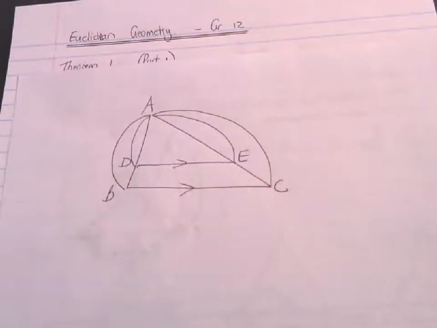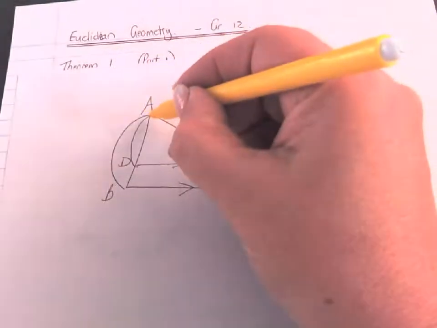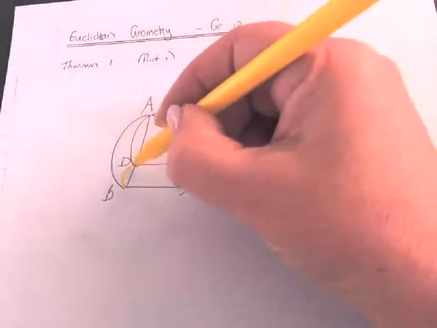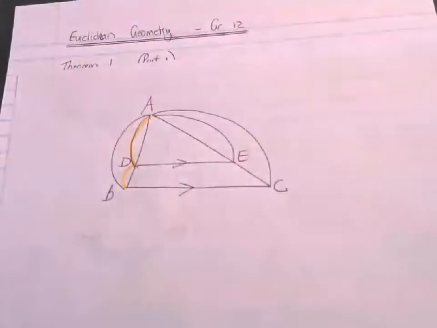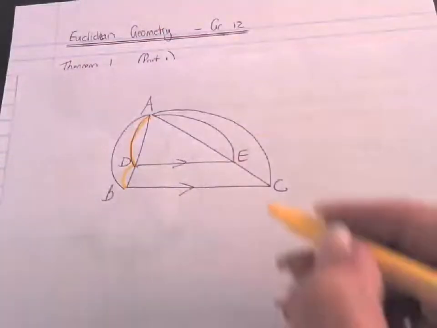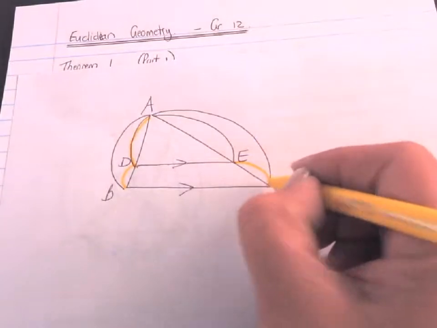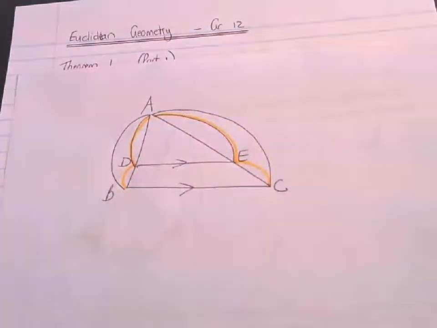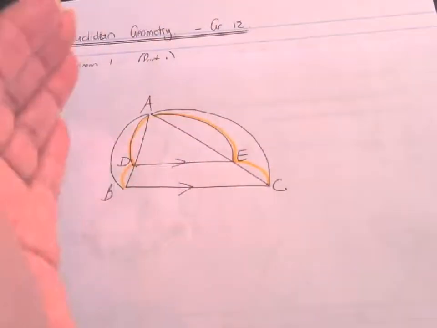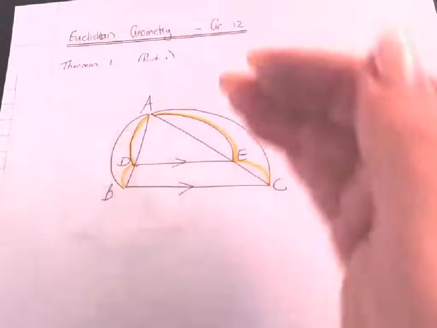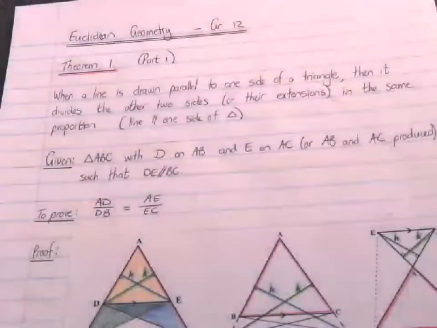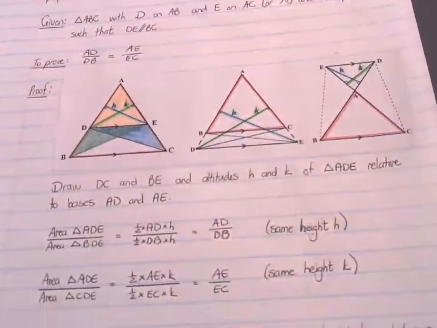Or if you take the length of BD and you divide it with the length of AD, it will have the same answer as when you take the length of EC and divide it with the length of AE, etc. And you see what I do? The same pattern on this side, we use the same pattern on that side. Okay, so let's look at our proof of the theorem.